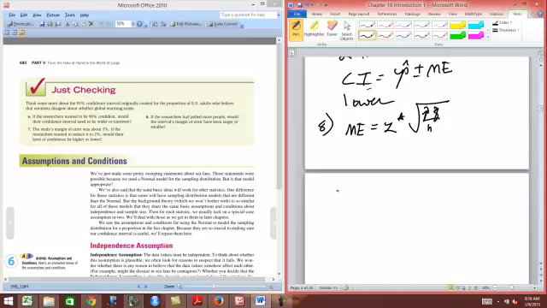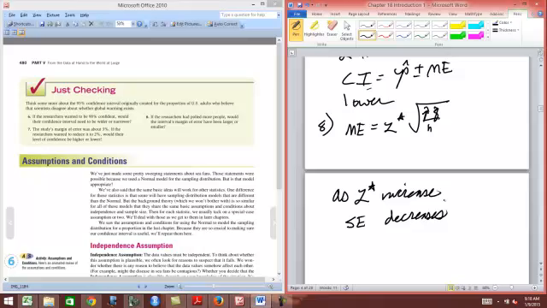As the standard error decreases, they're inversely proportional.